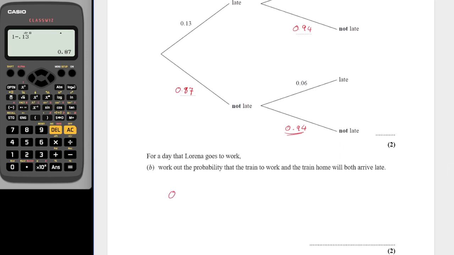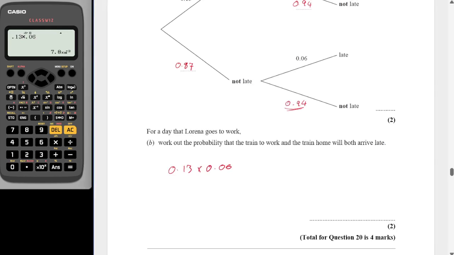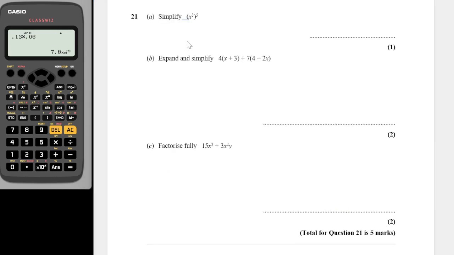So 0.13 times 0.06 gives me, so it's in standard form, and I'm sure you could get away with your answer in standard form, but I'm going to convert that to 0.0078.